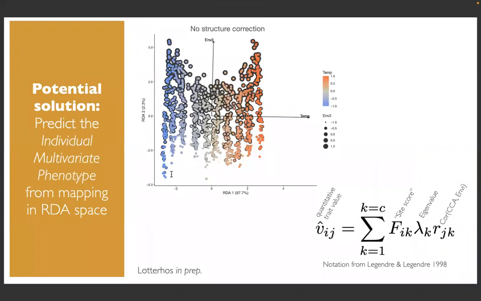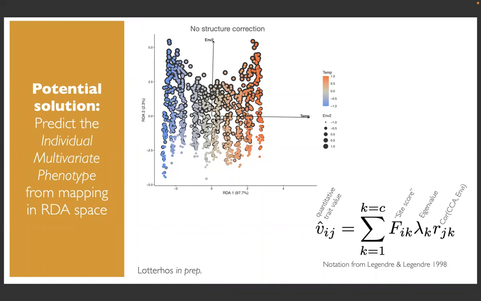However, I'd like to end with a potential solution, and that is that maybe for many contexts, we don't really need to know the genes that are involved in adaptation. And we can still learn a lot about individuals from their multivariate phenotypes. And redundancy analysis was really good at mapping individuals into RDA space according to their multivariate phenotype.